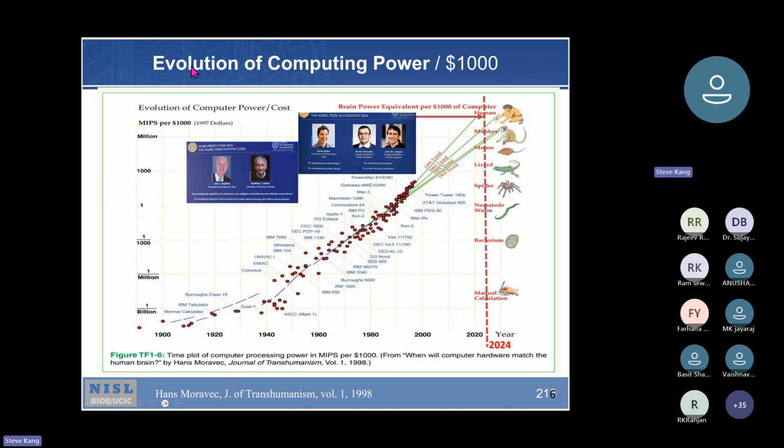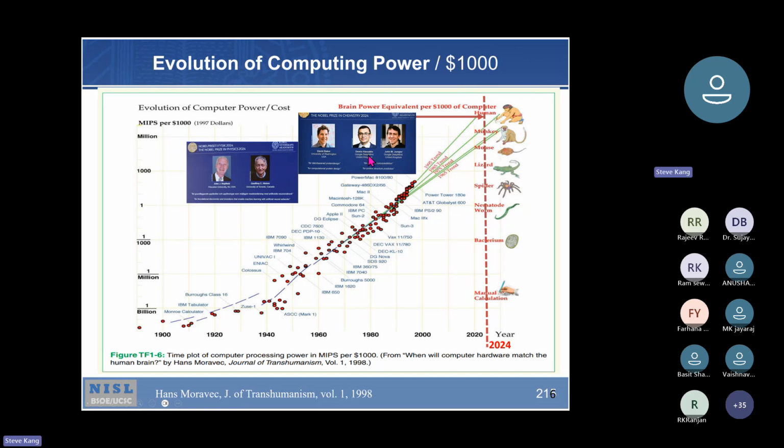In fact, it has progressed so much that the last year, 2024, Nobel Prize in Physics was won by Geoffrey Hinton. He's an AI scientist. The Nobel Prize in Chemistry also went to Google people, Google DeepMind.